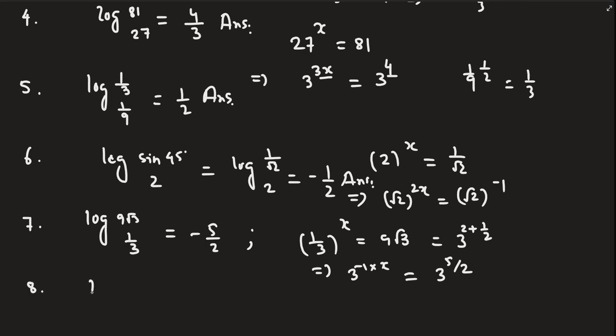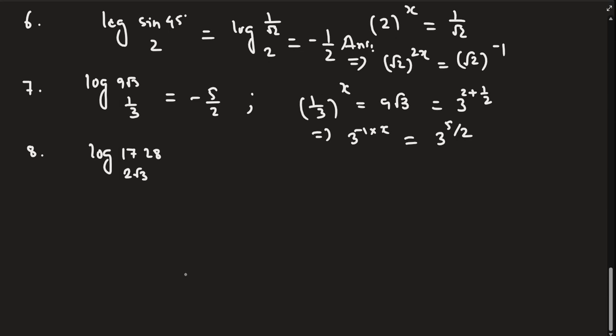Now the next number is log of 1728 with base 2 root 3. So now what is its value? All of you know this is a very interesting number, 1728, because there is a story about the great mathematician Ramanujan.